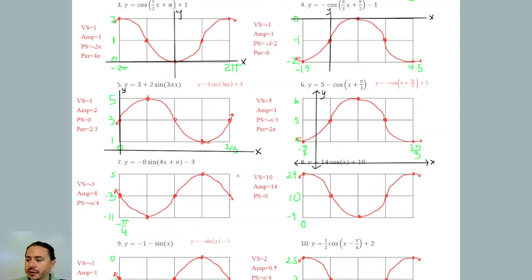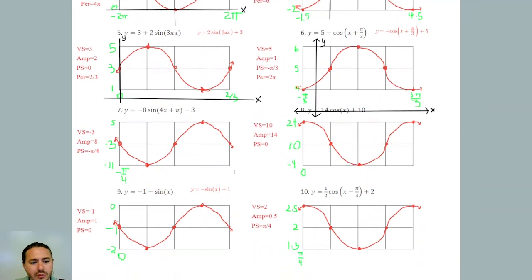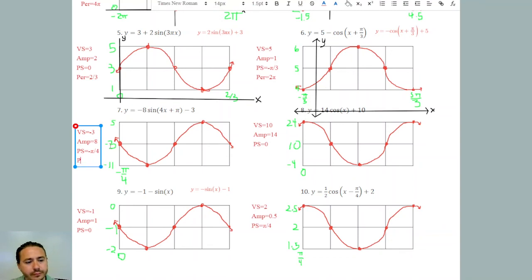4 more. Almost done. So number 7, our period, once again, is 2 pi divided by b. So 2 pi divided by 4 is going to reduce to just pi over 2. Okay. So we're going to add pi over 2 plus negative pi over 4. It's like adding 1/2 to negative 1/4, right?